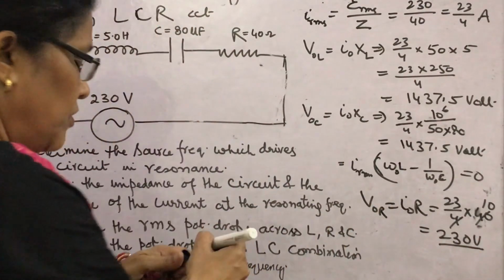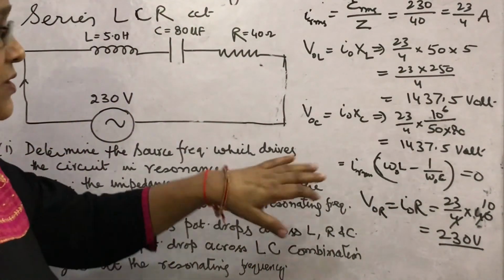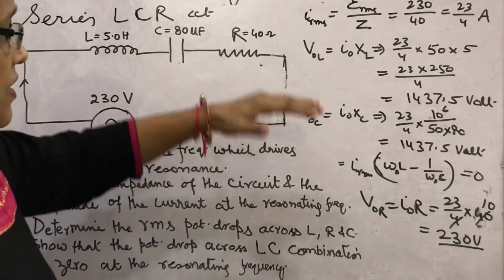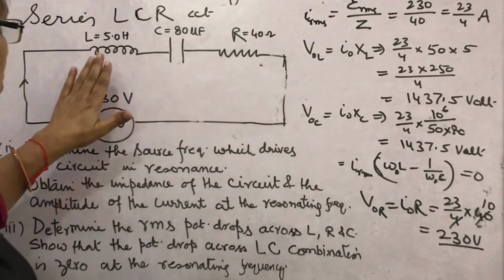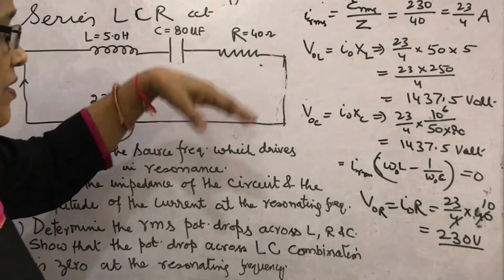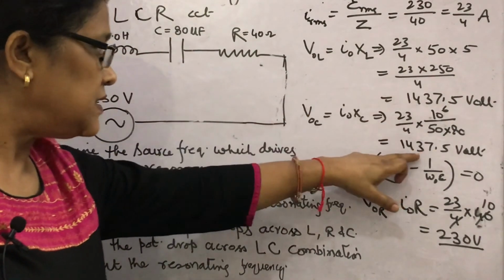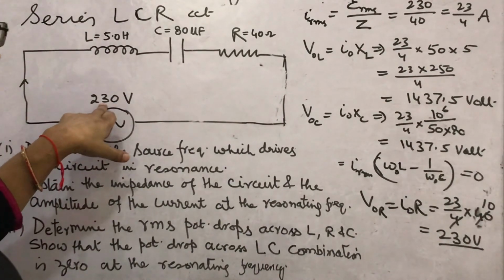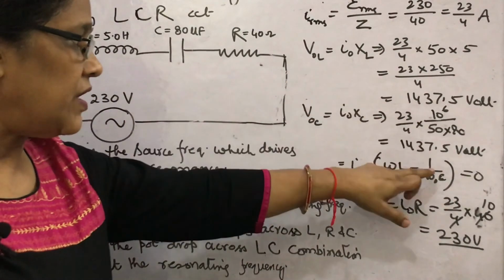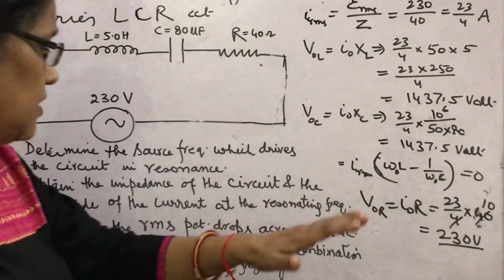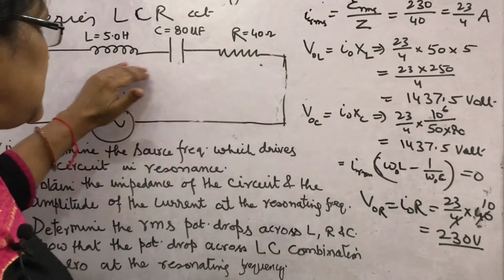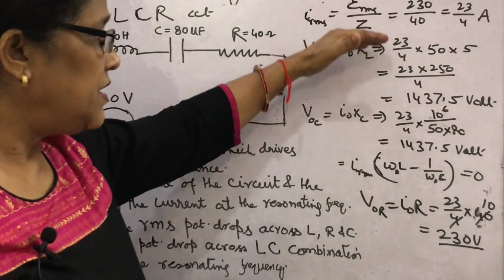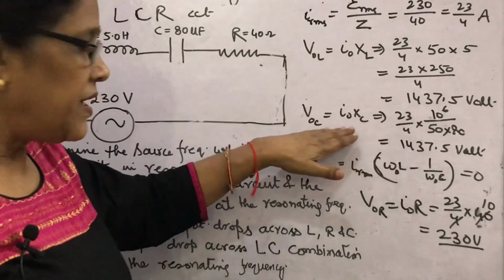What we have observed are the main characteristics of the series LCR circuit in resonance. Number 1, the voltage across the coil and capacitor is very large as compared to the applied voltage. You know the applied voltage is 230, and here we are obtaining much larger values. Across the LC combination, their sum is 0, since one is leading and the other is lagging behind the current.